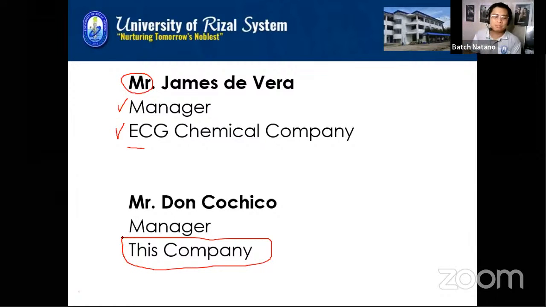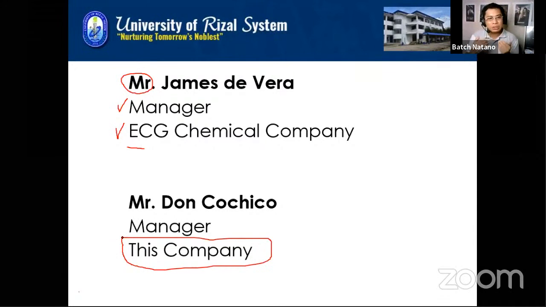I will not be specifying the University of Rizal System Antipolo Campus anymore because the communication is within the organization. So that is the case if you will be using this company, this organization, this university, this institution, depending on what you call it. If you are working in a company, of course, this company.